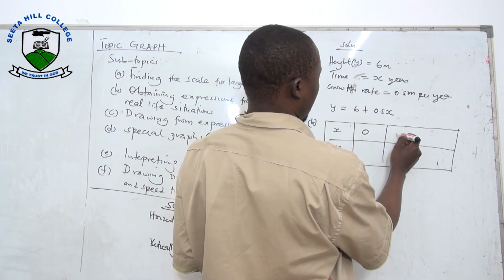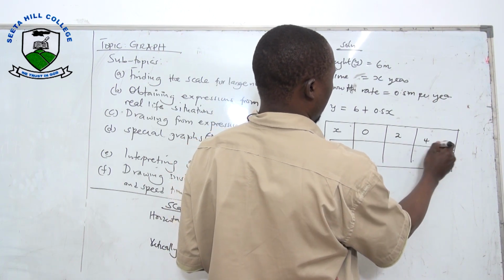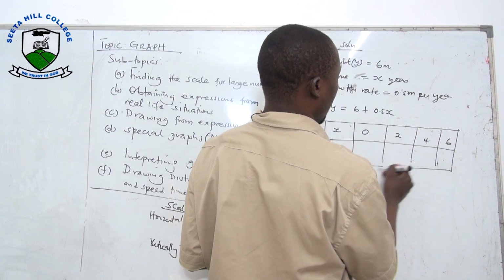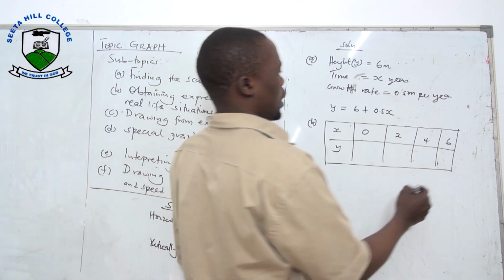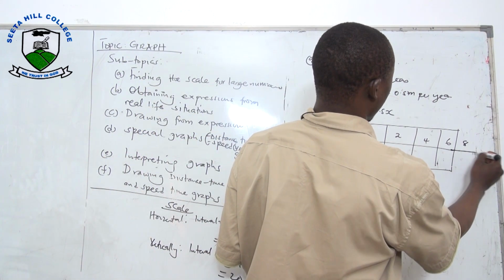We can use some intervals to cater for many, because if I used 1, 2, I would have a table of so many.